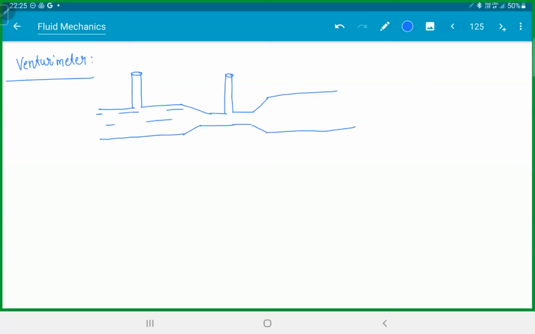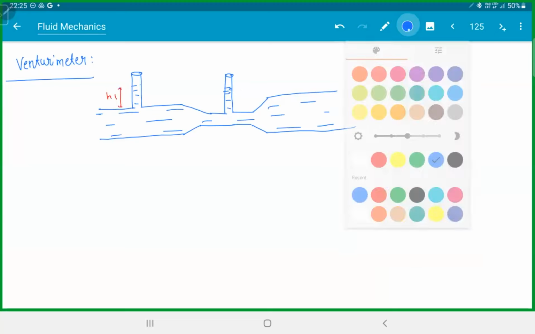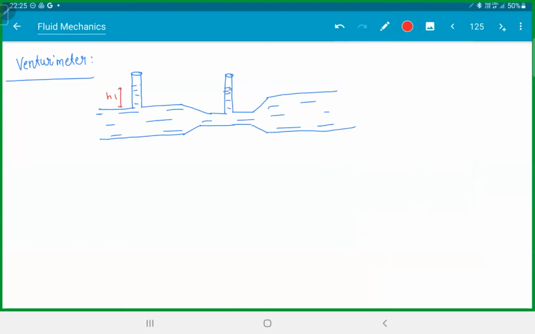So let's say a liquid is flowing here. Let this height be h1. Let this height be h2.